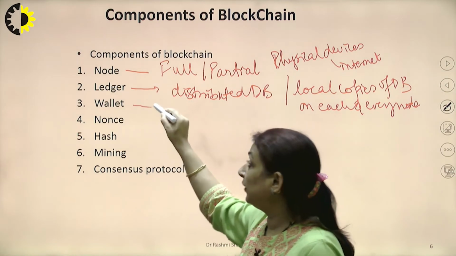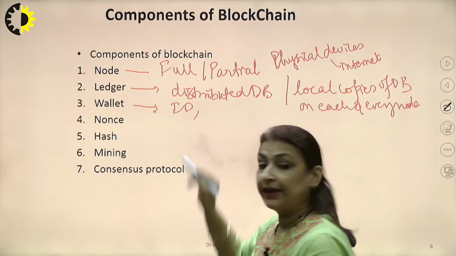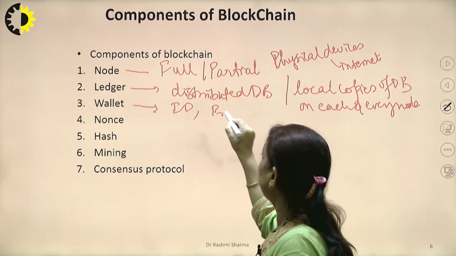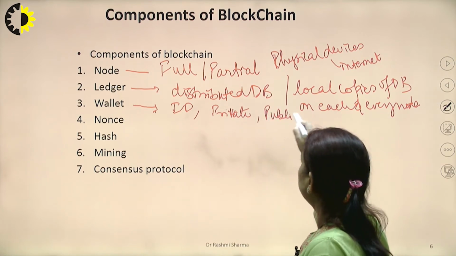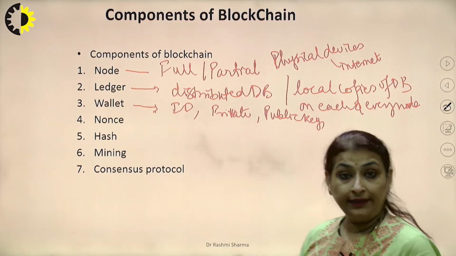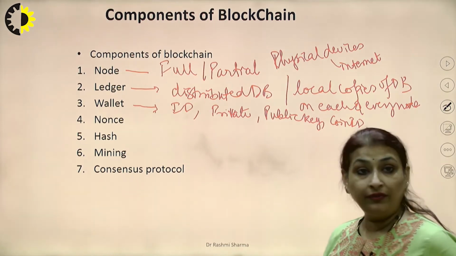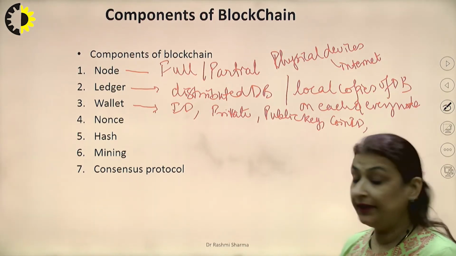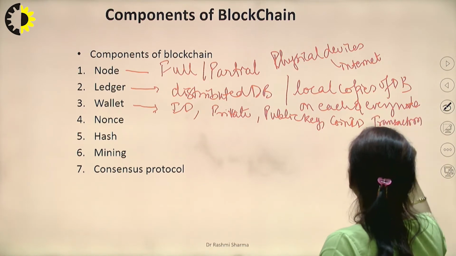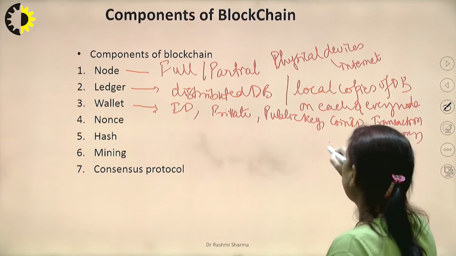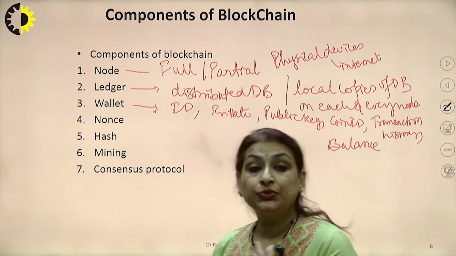Next was the wallet. Wallet was a software program which generated a unique wallet ID along with your private key and public key combination, along with what all coins have been created by that particular wallet, the transaction history, and the balance in that wallet.